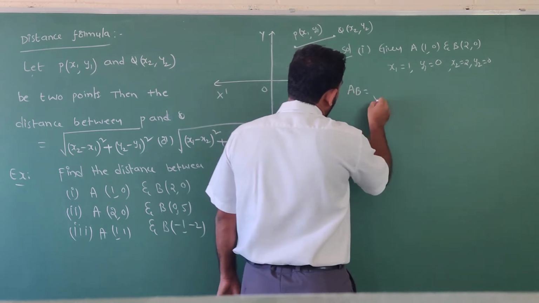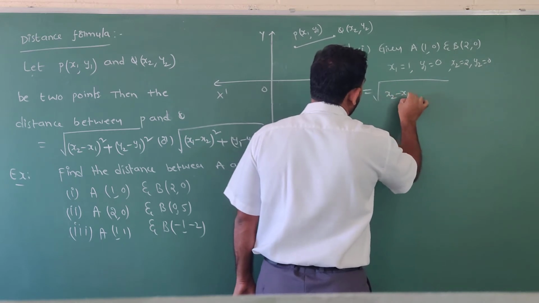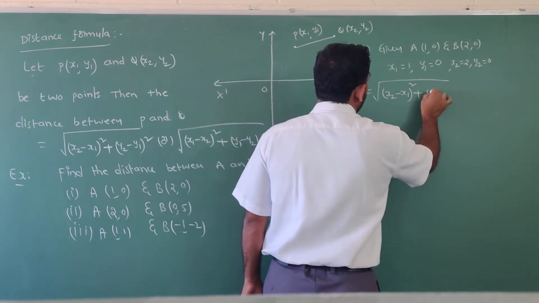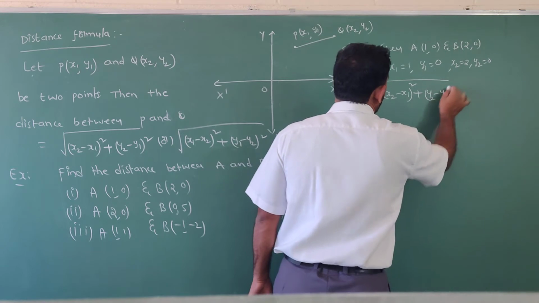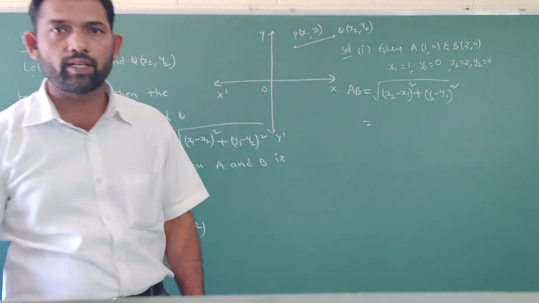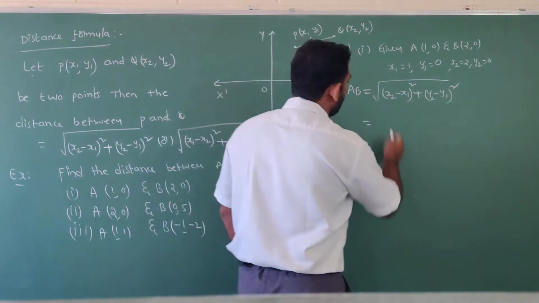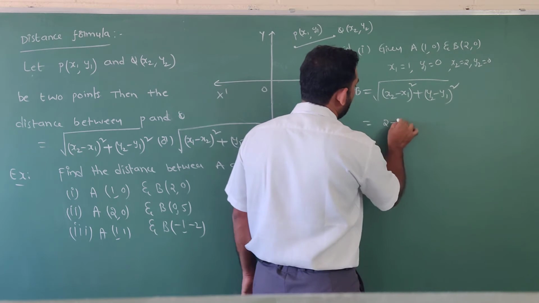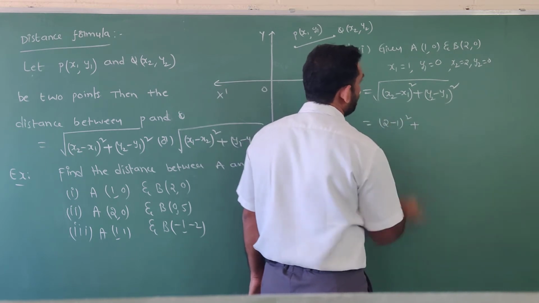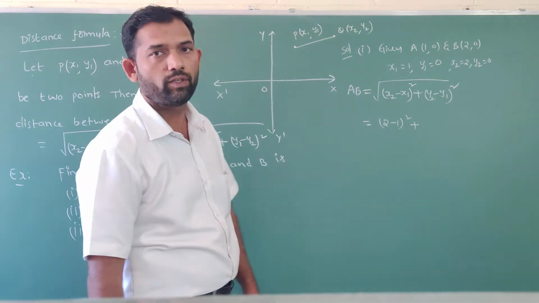Now AB distance is equal to root over (x2 minus x1) whole square plus (y2 minus y1) whole square. You apply that formula. x2 is 2 and x1 is 1, so 2 minus 1 whole square.